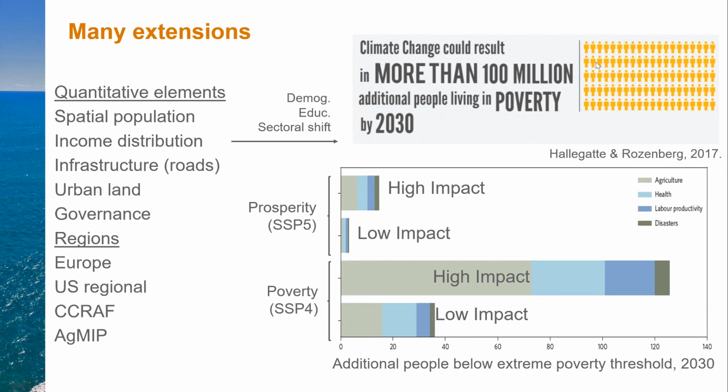In contrast, if you assume the world evolves according to SSP 4, which is a much more pessimistic scenario, totally separate from climate change, just things are not going well on the poverty front, in that world, climate really hits hard, and you can get, if impacts turn out to be high, over 100 million people being pushed into poverty. So you see the importance of the SSP as an order of magnitude here for the outcome for impacts of climate on poverty.